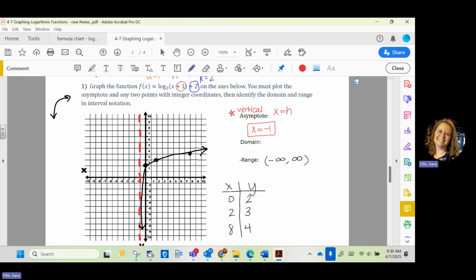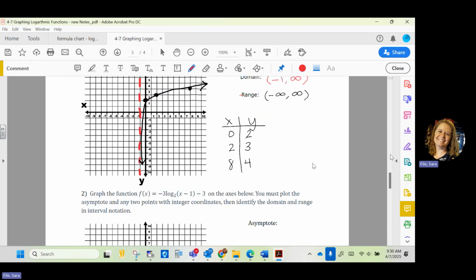So it's -1 is the leftmost of the graph, and then it goes right forever. But the -1 gets a parenthesis because you never reach the asymptote. It gets closer and closer and closer to -1, but never touches it. Feel okay about that?